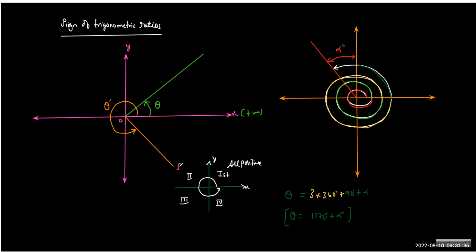So sine and cosec, the inverse, these two are positive. Every other ratio will be negative. So cos, cot, tan, sec, everything is negative except sine and its inverse. These two are positive. Okay.